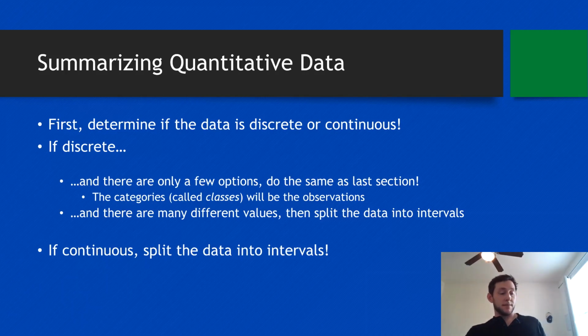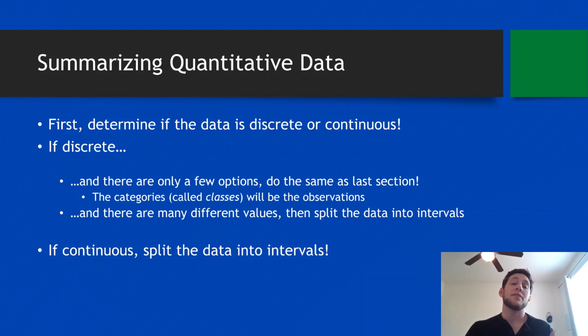So, something to compare it to in last section would be if I was talking about every country in the world. Well, that's a lot of answers. Maybe I just want to split it into continents. That's what we'll do with numerical answers. We'll take all of these number answers and we'll split it into intervals or ranges of numbers.